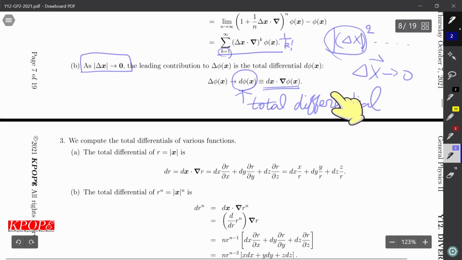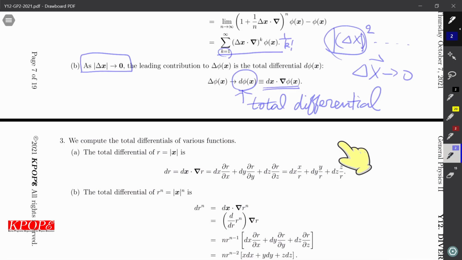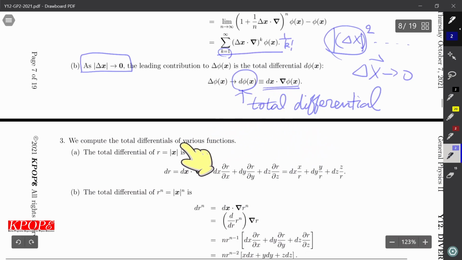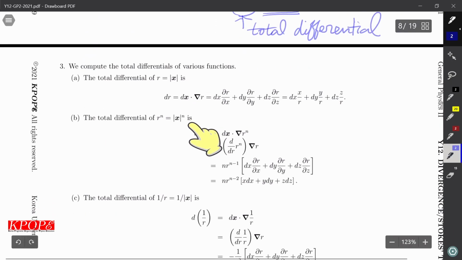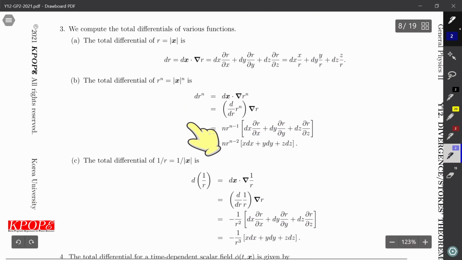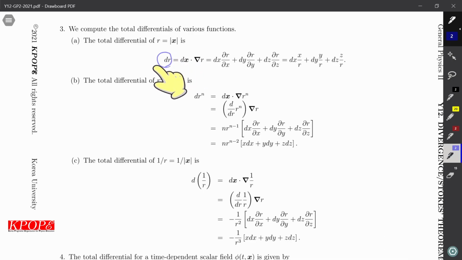The limit of the change in the function due to the variation of n variables. We compute the total differentials of various functions. For example, R's total differential.